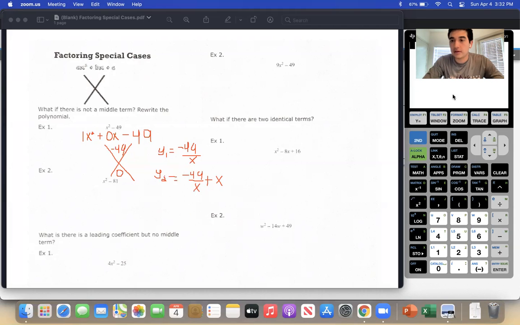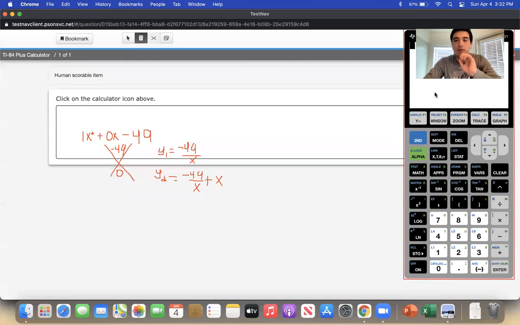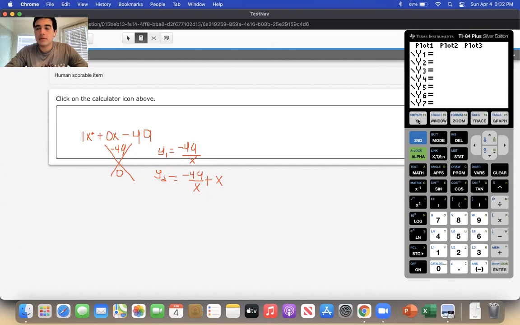So now we go to the calculator right over here. I go to my y equals where we type in the equations. Okay, we'll just type in the equations for now. My first equation, remember, alpha y equals, get my fraction bar.